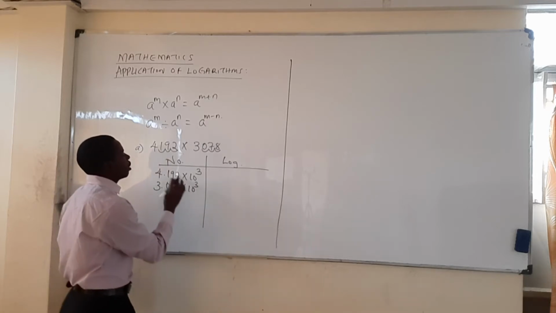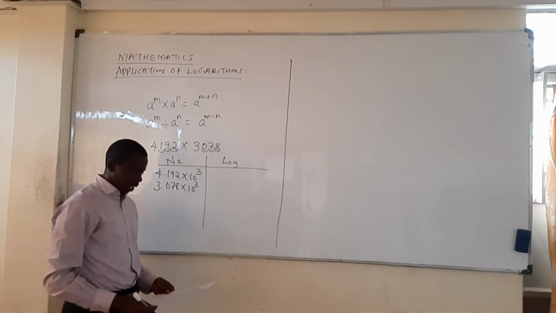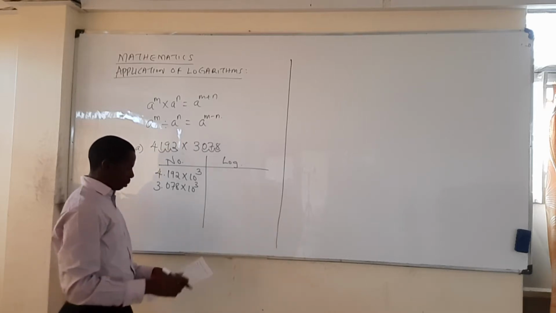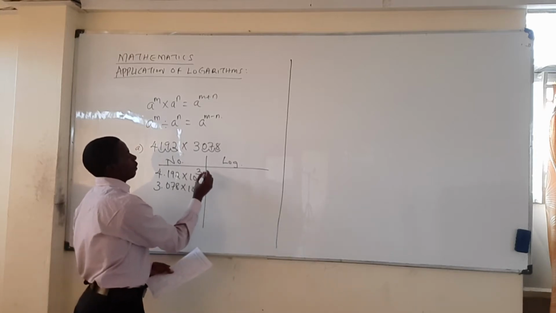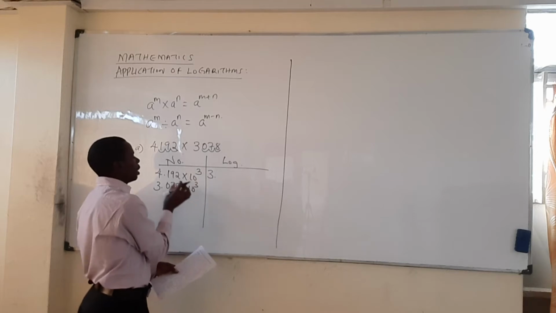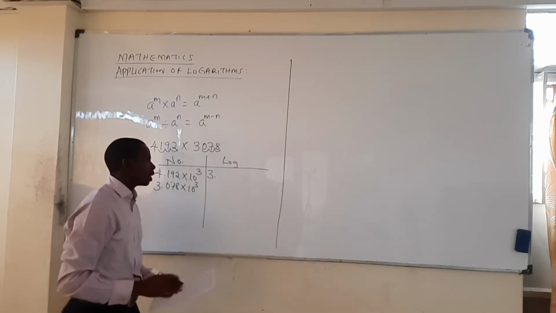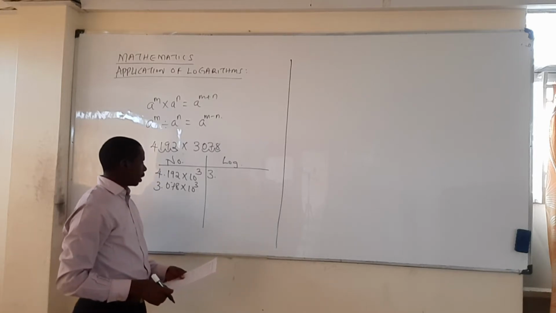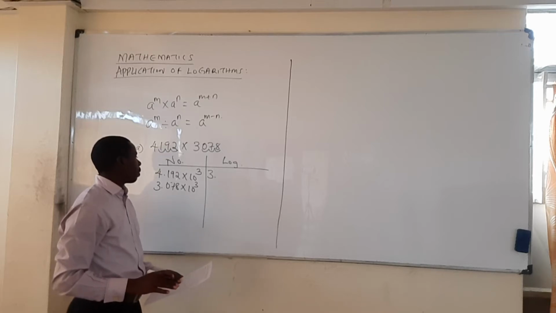Then we find the log of 4.192 from the table. This is 3 point, since it's 10 power 3, and then we read the log. First we look for 4.19, which is 0.6222.